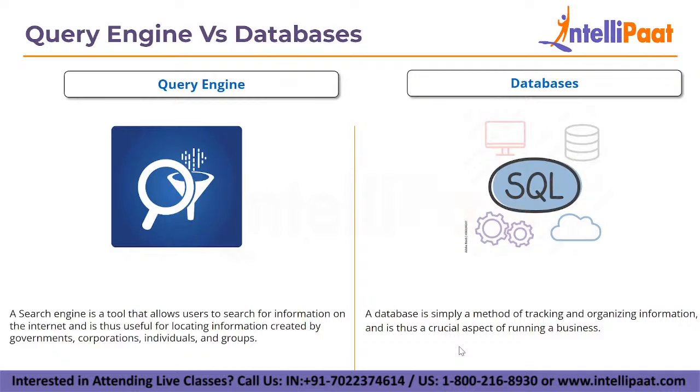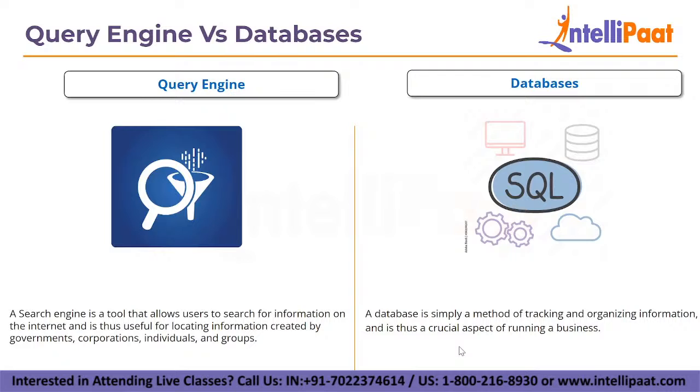Now, let's discuss the difference between a query engine and a database. As the name implies, a database is simply a method of tracking and organizing information that is a crucial aspect of running a business. It lets users simplify complex queries and include large amounts of data in an orderly manner, making it easier for them to explore and identify important data.